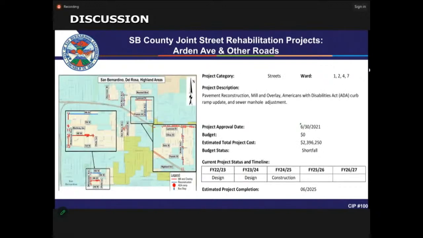The next one is Arden Avenue. Similarly, this is pavement reconstruction, mill and overlay, and ADA compliance. The total project cost is 2.396 million, the design status is 65% design, and project completion is estimated to be June 2025.